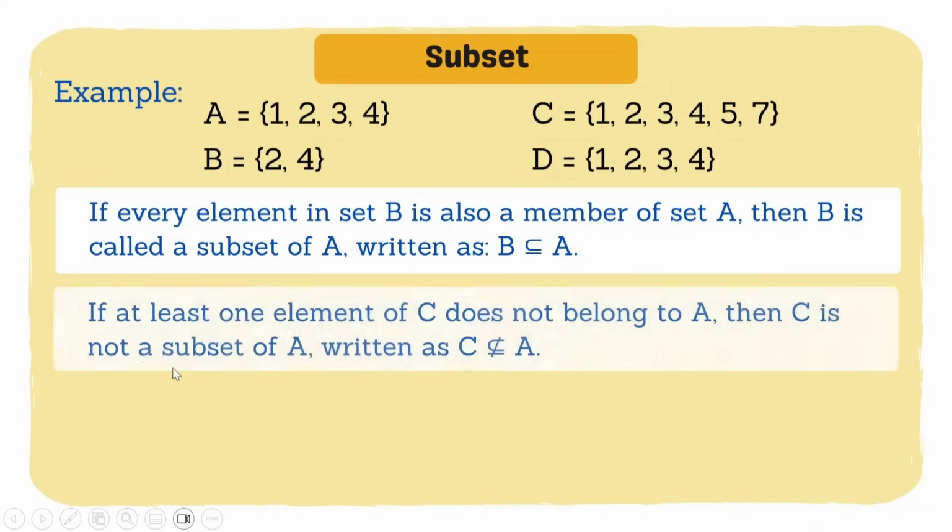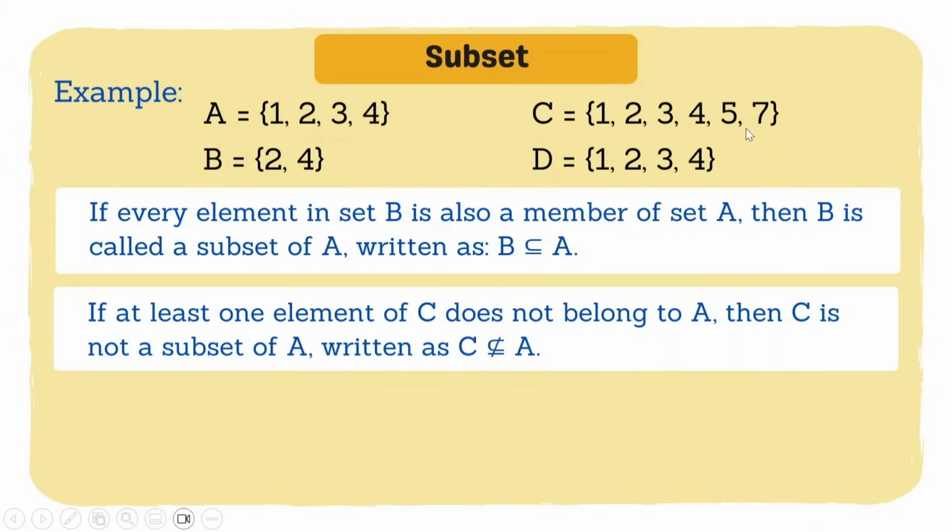Yan. Next one, if at least one element of C does not belong to A, then C or set C is not a subset of set A. Written as C is not a subset of A. Okay, tingnan po natin si set C. 1, 2, 3, 4, 5, and 7 po yung kanyang mga elements.